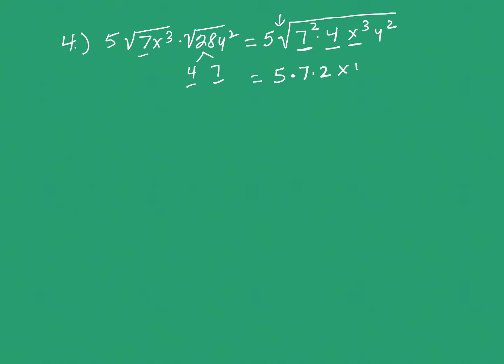And y squared is y. And so this is going to be the square root. The square root of 49 is 7. The square root of 4 is 2. The square root of y squared is y. X squared is x, but we have an x remaining. So 5 times 7 is 35 times 2 is 70. X, y, square root of x.